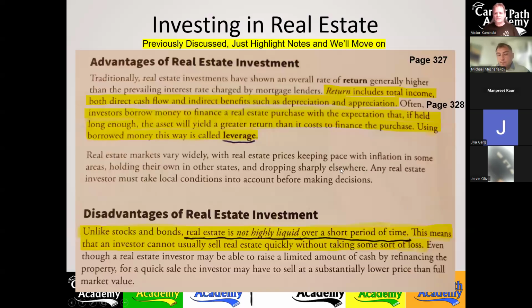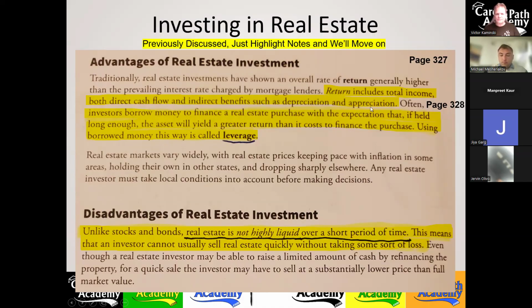All right, so let's do the highlights on that. See, this first part is on page 327, and this over here is 328. This is a screenshot from the last version of the book, so these things are split across pages now, so that's why I got the page numbers here where the next part splits. So return includes total income, both direct cash flow and indirect benefits, such as depreciation.